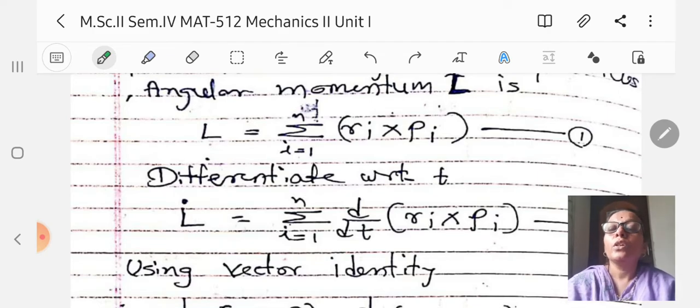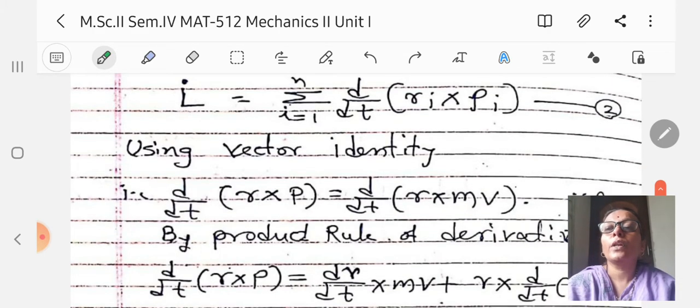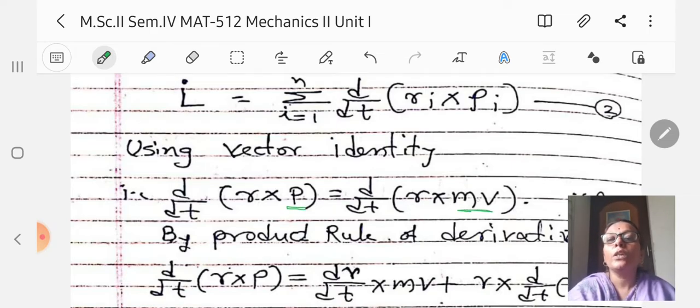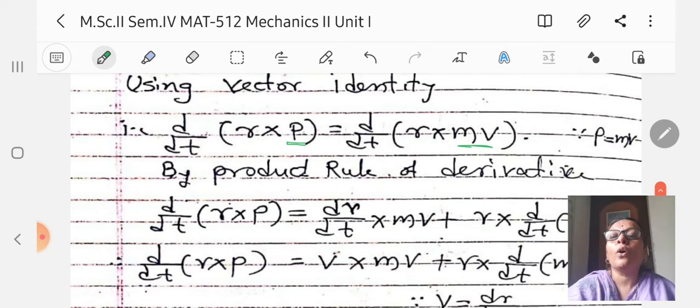Using a vector identity, d by dt of r cross p equals d by dt of r cross m into v, where we put in the value of momentum as m into v, and m is constant. Now by the product rule of derivatives, we take the derivative of the first term with the second term constant, plus the derivative of the second term with the first term constant.